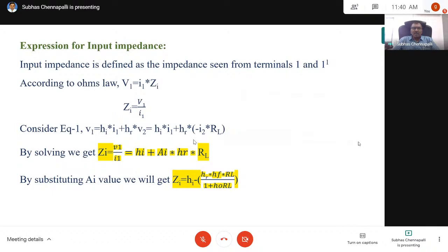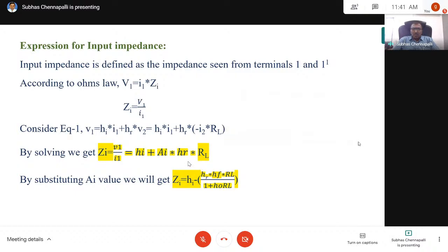You substitute like that, and you will get V1 by I1. When you replace I2 with I1 times AI, you bring I1 to the other side. So V1 by I1 becomes hi plus current gain times hr.